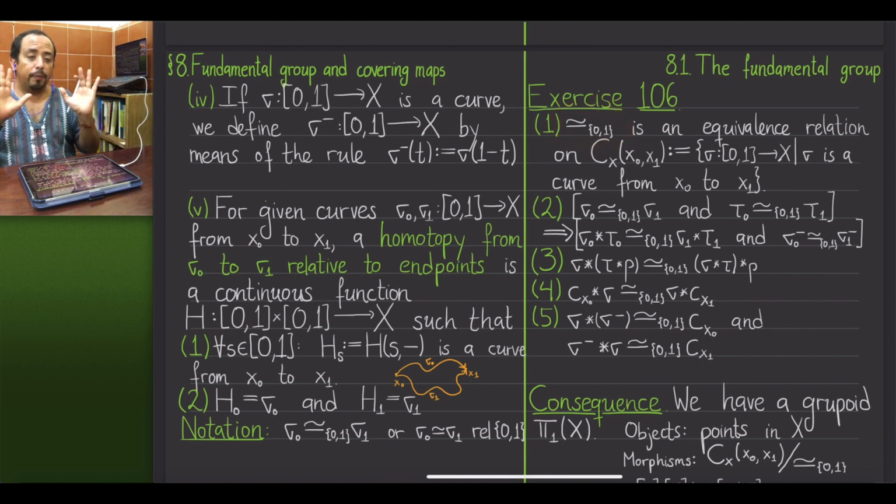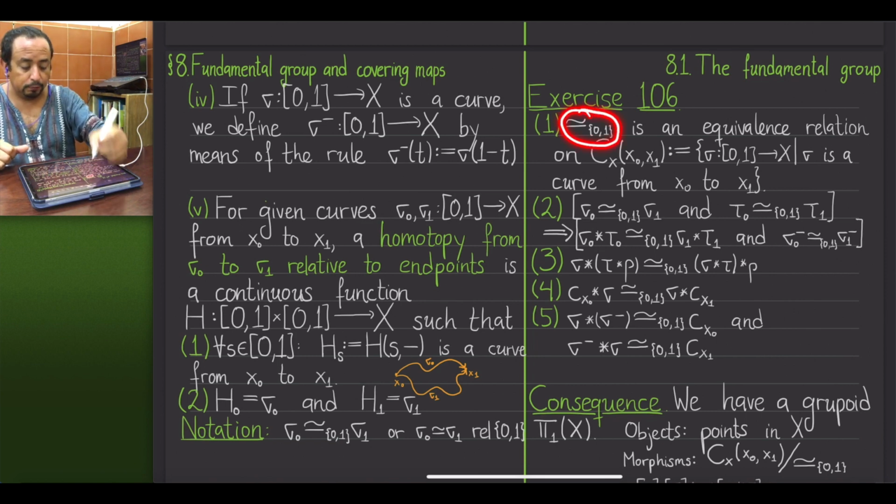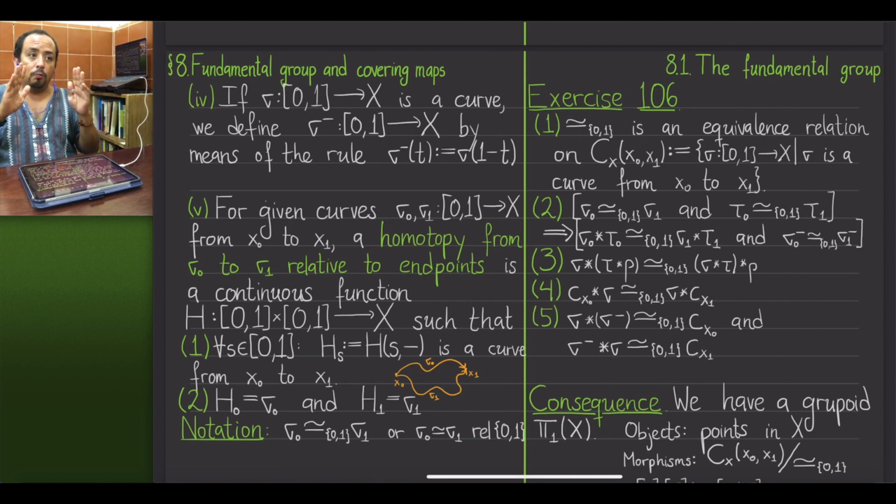So I just stress the fact that for this homotopy relative to endpoints, two curves are compared with respect to this homotopy, in order to know whether they are homotopic or not relative to endpoints, only when both curves have the same starting point and the same ending point.